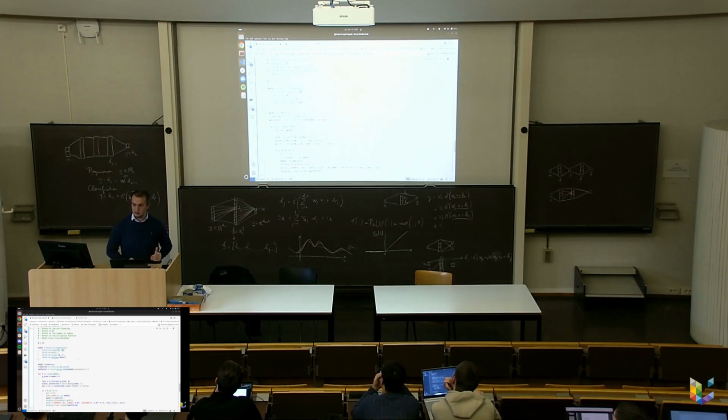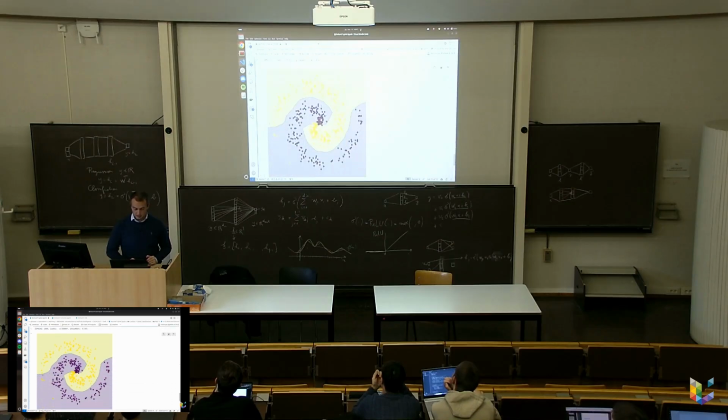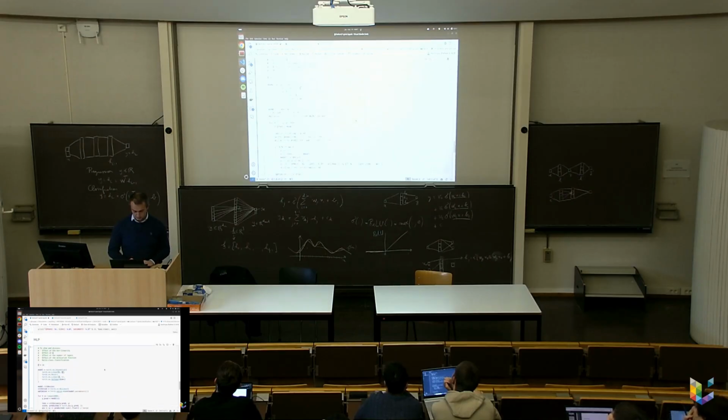So if I reduce it, I should have fewer of these regions, and in the decision boundary you should see more clearly the linear segments. So let's see, 10.